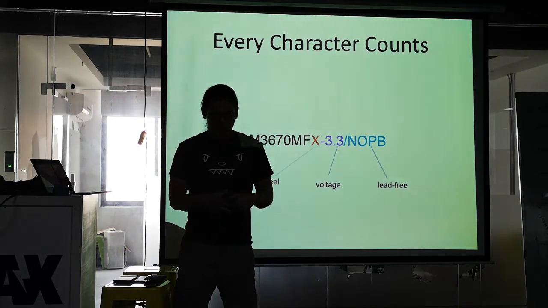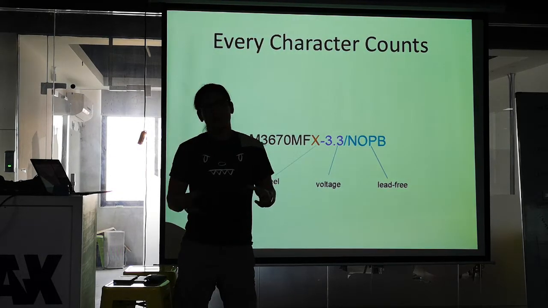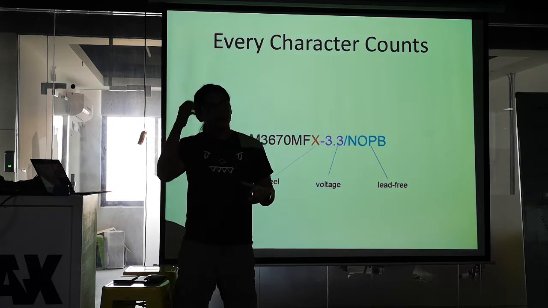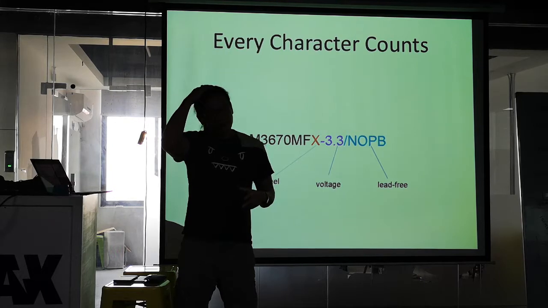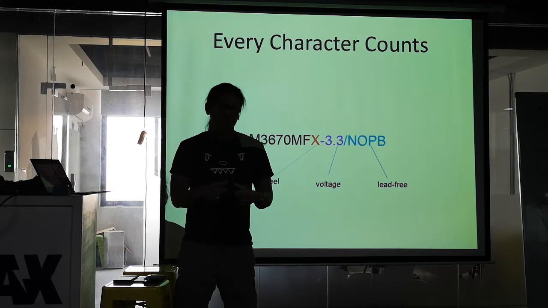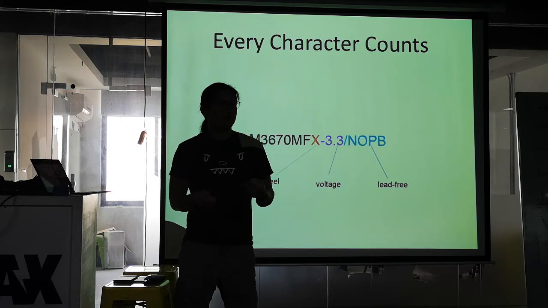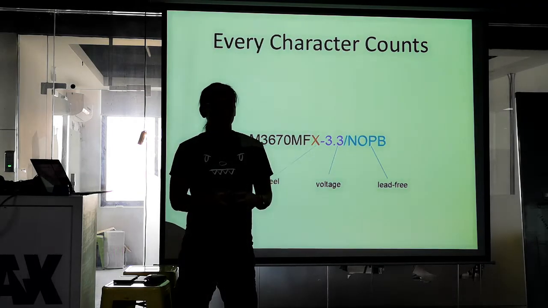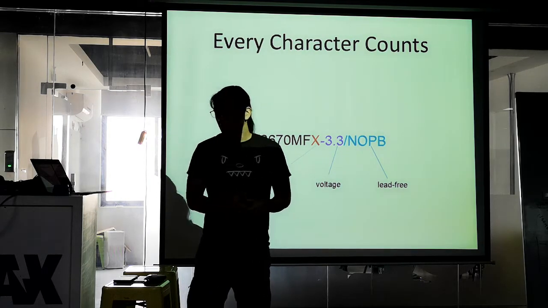TI in particular, they'll offer like 250 per reel or 3,000 per reel, right? And a lot of times, if you go onto DigiKey, you'll be like, hey, they have cut tape, they're both the same part, and one's like 20 cents more than the other, right? And the one that's a little bit more is the one that comes on a slightly smaller reel, because you're paying for that reel and the handling costs of that reel.